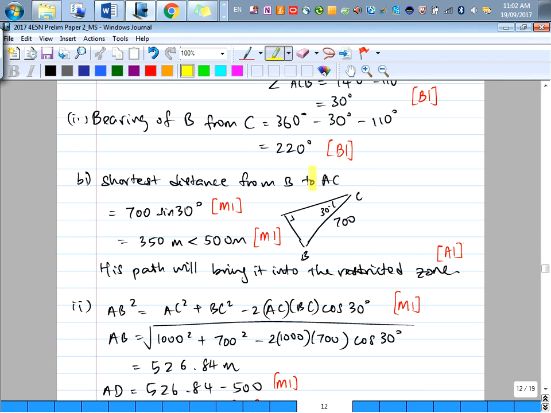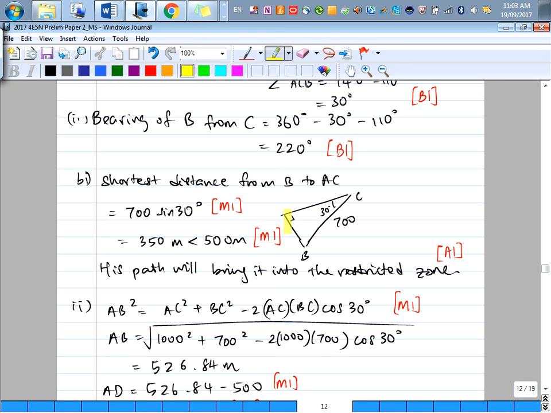So let the shortest distance be something. In this case, I straight away calculated the shortest distance using trigonometry. From B to C we have 700 meters. And the angle ACB is 30 degrees, what we calculated earlier on.